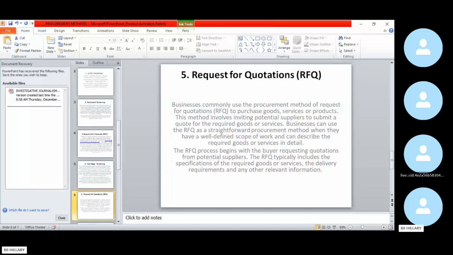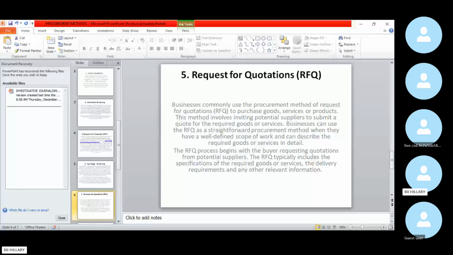Businesses can use the RFQ as a straightforward procurement method when they have a well-defined scope of work and can describe the required goods or service in detail. The process begins with the buyer requesting quotations from potential suppliers. The RFQ typically includes the specification of the required goods or service, the delivery requirement, and other relevant information.